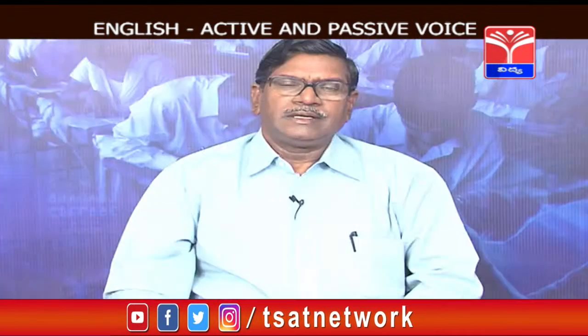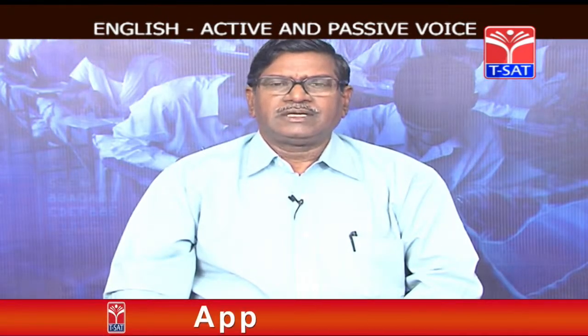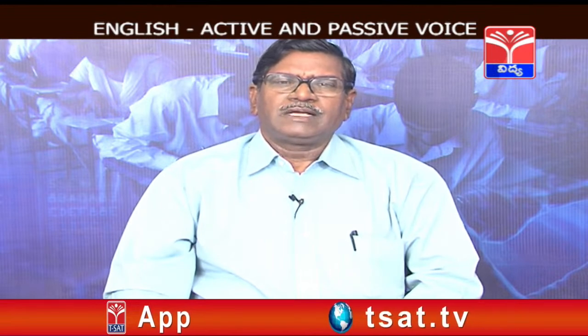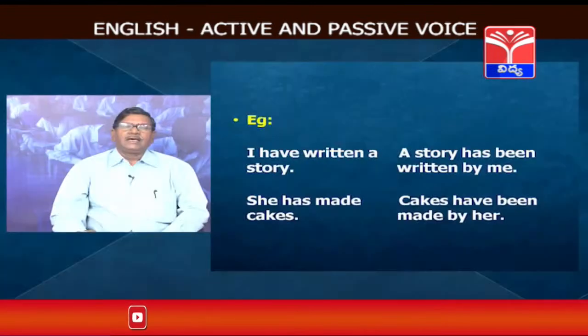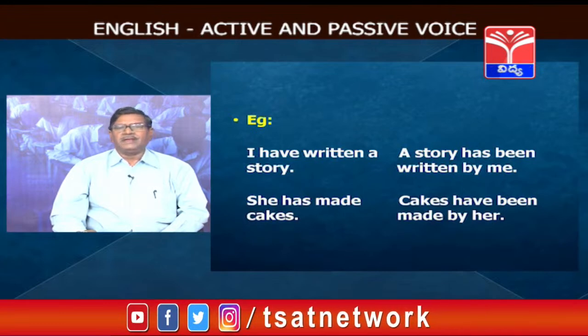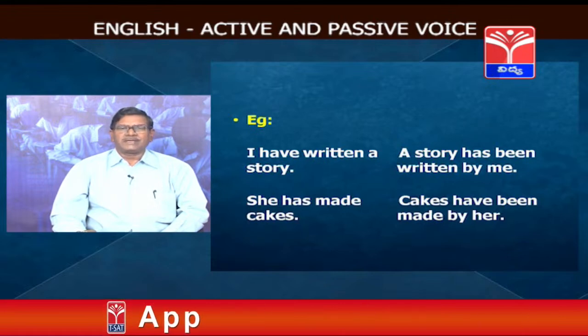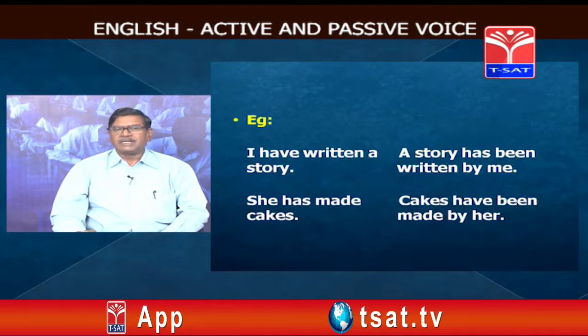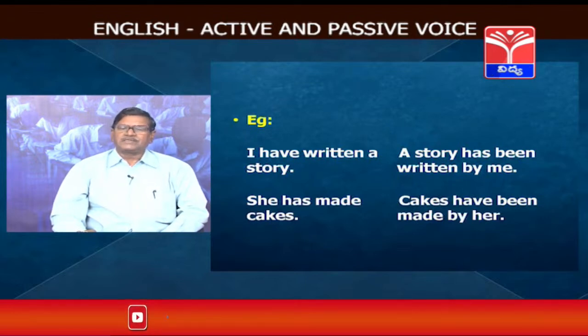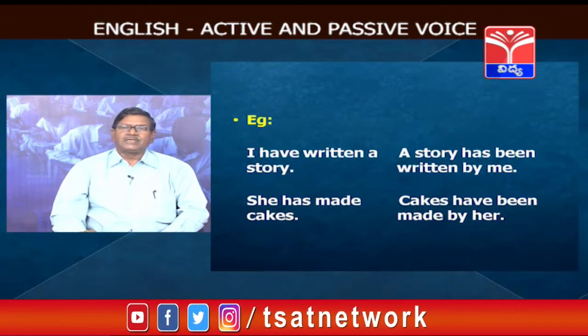A story comes to the place of subject. A story is third person, therefore has. In place of written, if you put be, it becomes been, has been written. A story has been written by whom? By me. I comes to the place of the object of the preposition by. Therefore, the sentence becomes a story has been written by me.